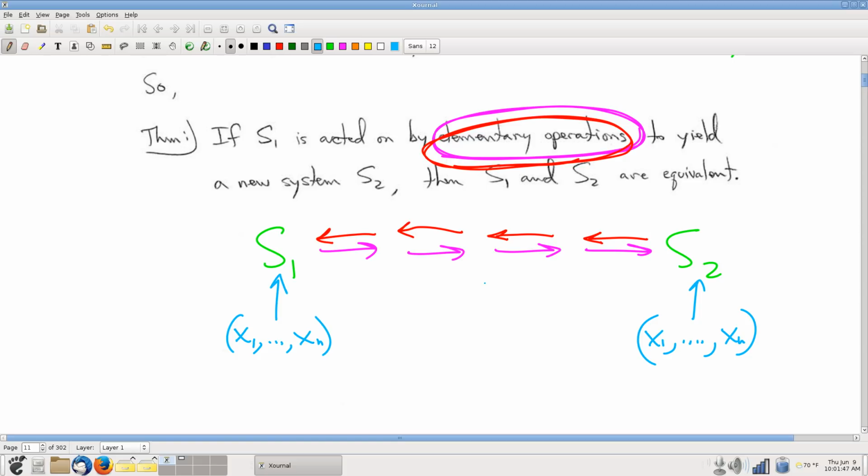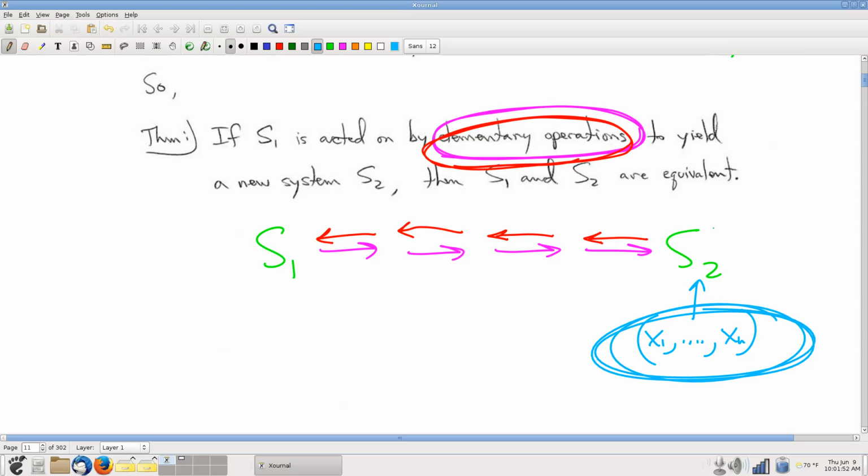To show equivalence, we have to show that it also goes the other way. Suppose that I have a solution to S2. Does it necessarily follow that I also have a solution to S1? And remember, this has got to go both ways. We need for the solutions to S1 to be solutions to S2 and vice versa. So, critically, because these elementary operations are not just legal, but also reversible, that means that I have legal algebra going that way.